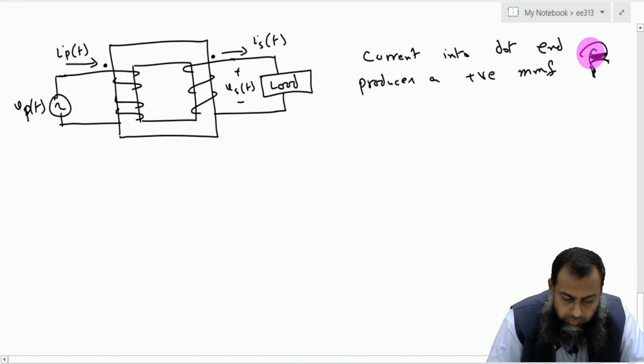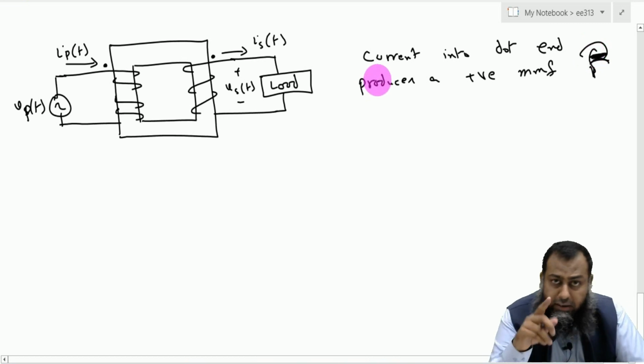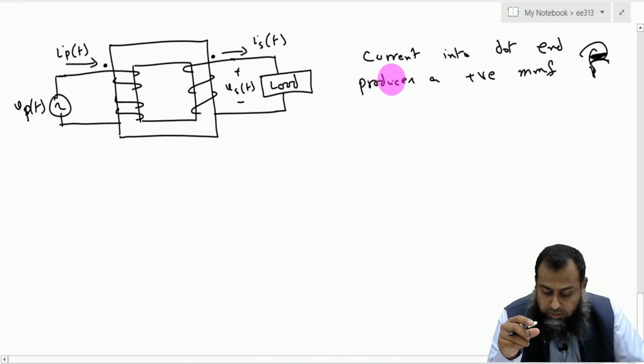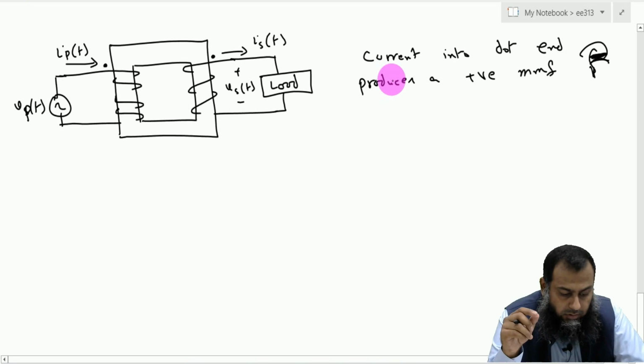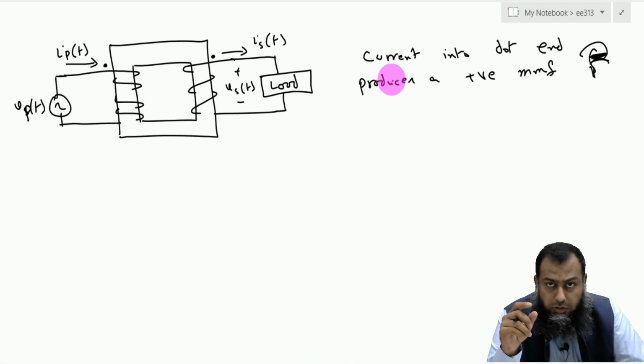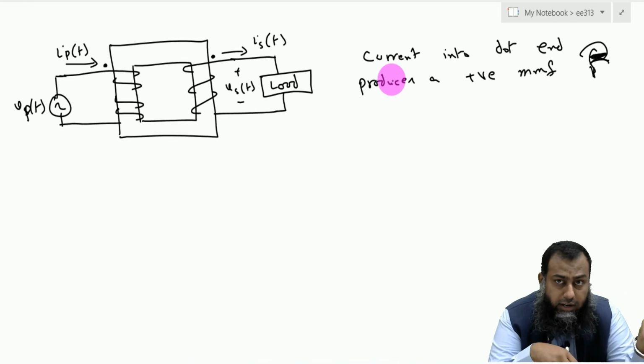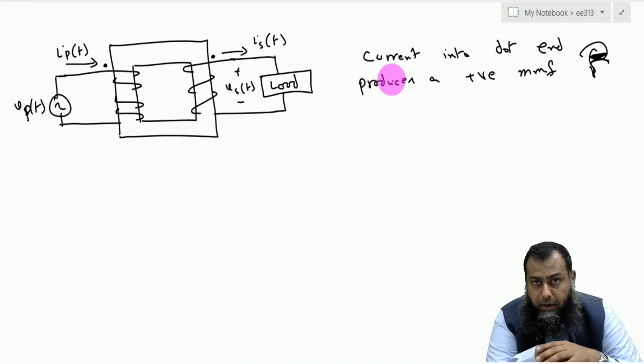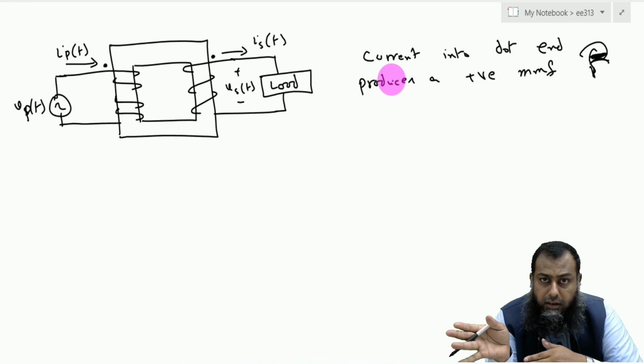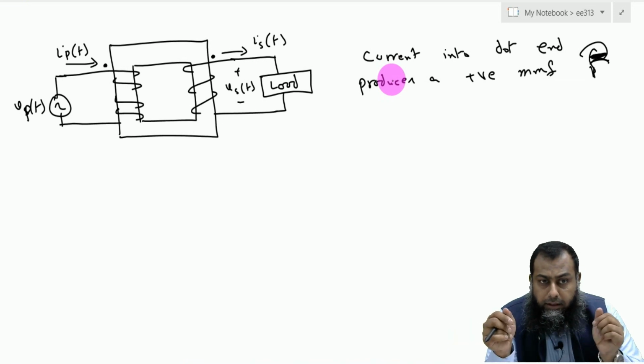This is F. And if the current leaves this dot end, it produces a negative magnetomotive force. So the total magnetomotive force in a given core only becomes equal to 0 if we have the current flowing from one dot end and leaving from the other dot end, right?